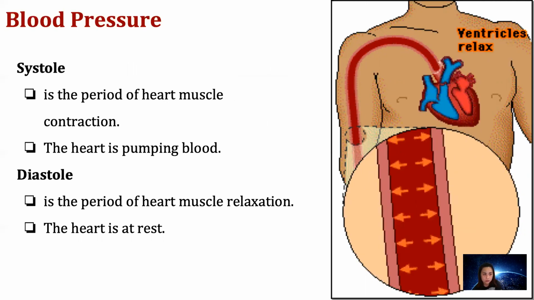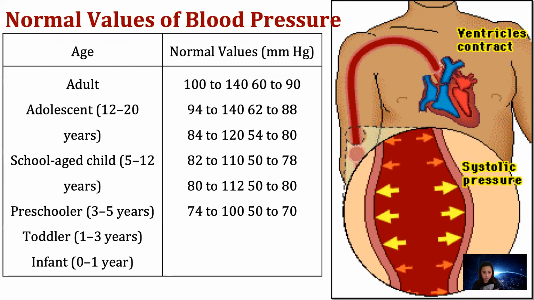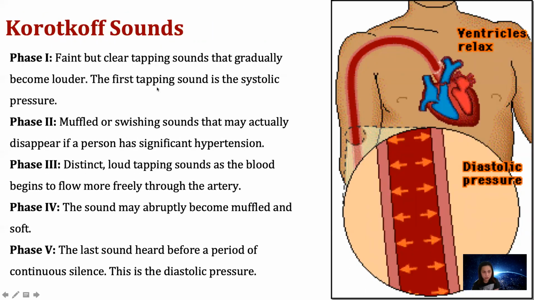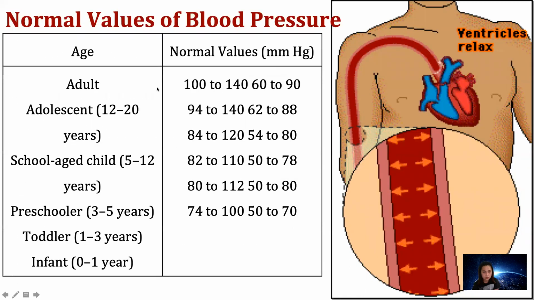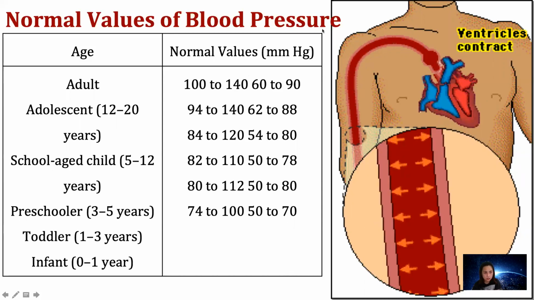As I've told you, systole is the heart contraction and diastole is heart relaxation. So, the normal values for adult, the range is 100 to 140. Everything here first is the systolic, and everything here is your diastolic.